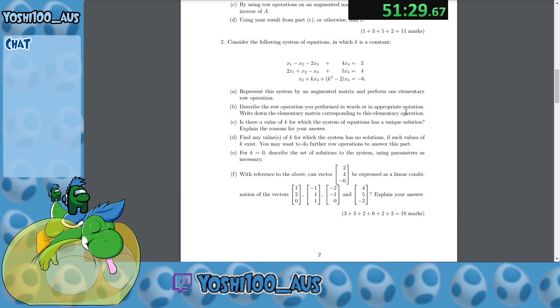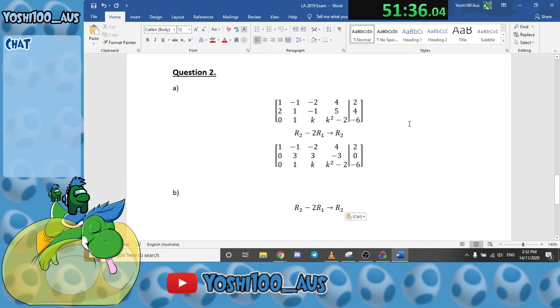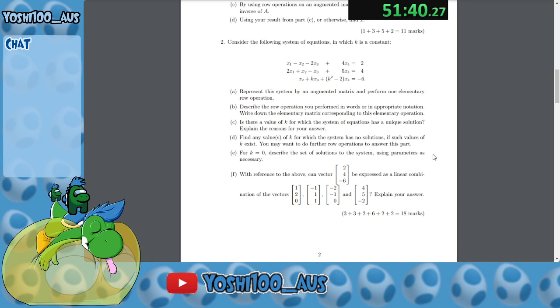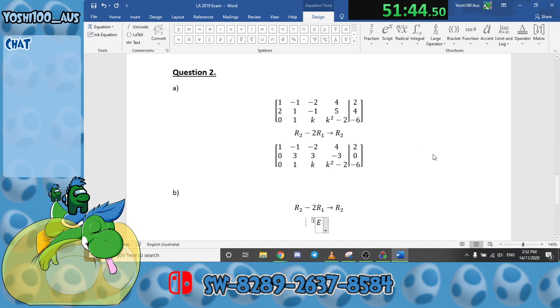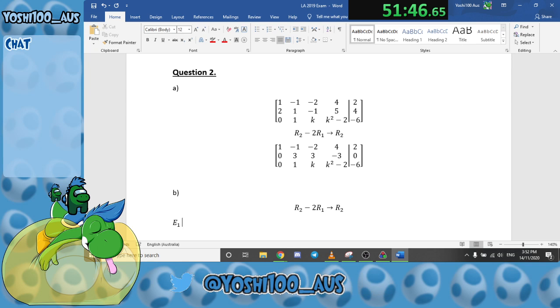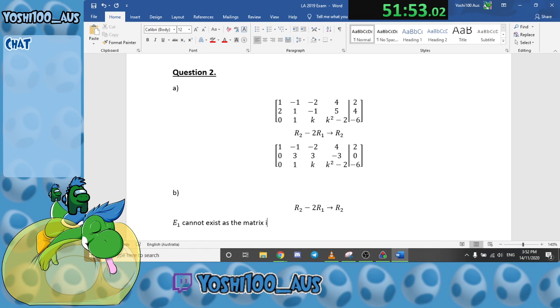How do you write down the elementary matrix corresponding to it? You can't, right? That's actually a trick question, isn't it? It's not a square matrix. E1 cannot exist, as the matrix is not square.